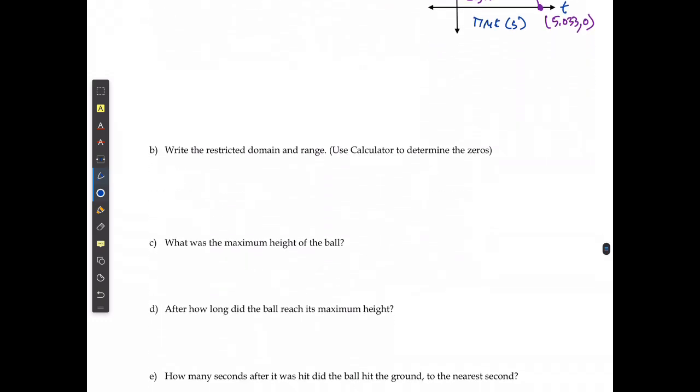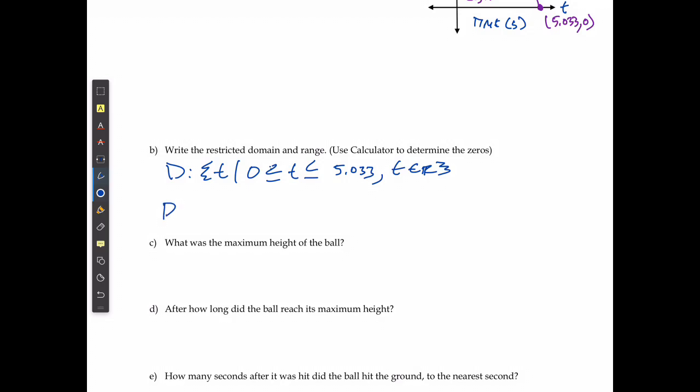If I'm writing the restricted domain and range, and I use the calculator to solve for what that 0 was, I'm going to say that my domain is going to be represented by t, where the start at 0 seconds is less than or equal to t is less than or equal to the furthest point that it hits, or when it hits the ground, is at 5.033 seconds, where t is an element of all real numbers.